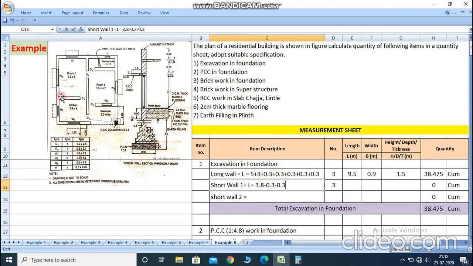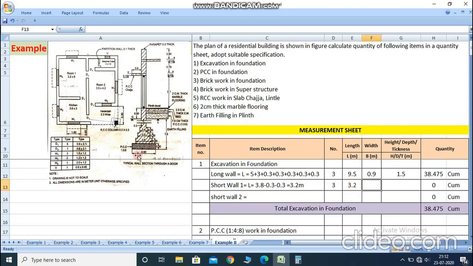This part is already excavated in the long wall. So for the short wall, 3.8 minus 0.3 minus 0.3 is equal to 3.2 meters. So 3.2 meters is the length of the short wall excavation.